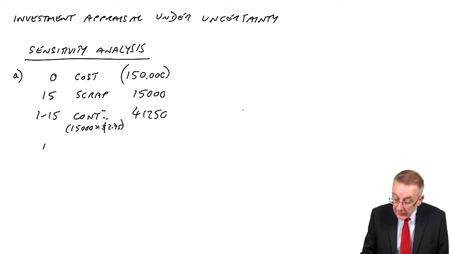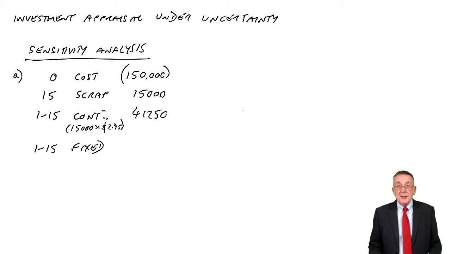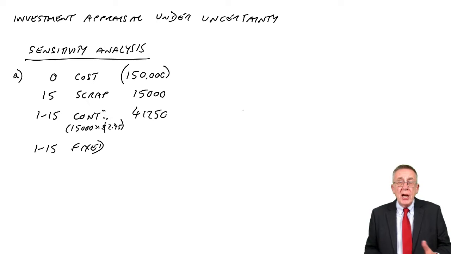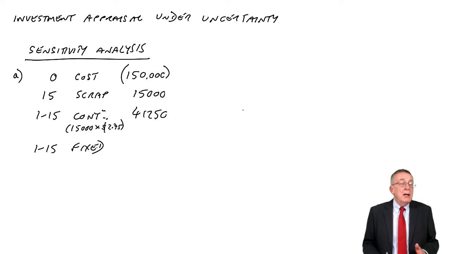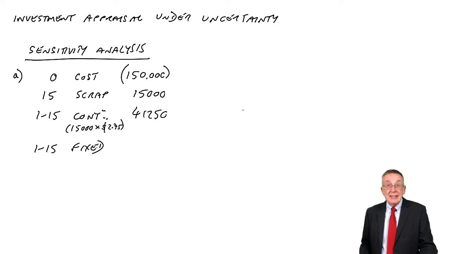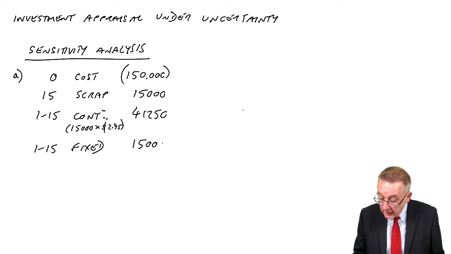And finally, there'll be extra fixed costs. Remember, in earlier chapters I've stressed this: if the total fixed costs of the company aren't changing, this would be irrelevant. But here it specifically says they're additional, they're extra, they're incremental. So an outflow of 15,000 a year.